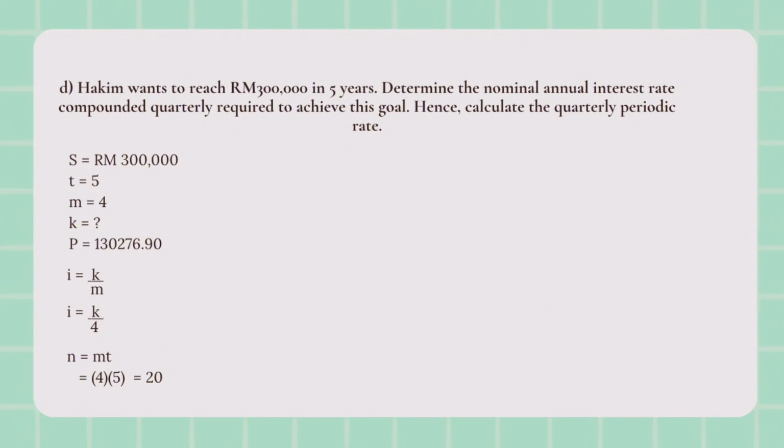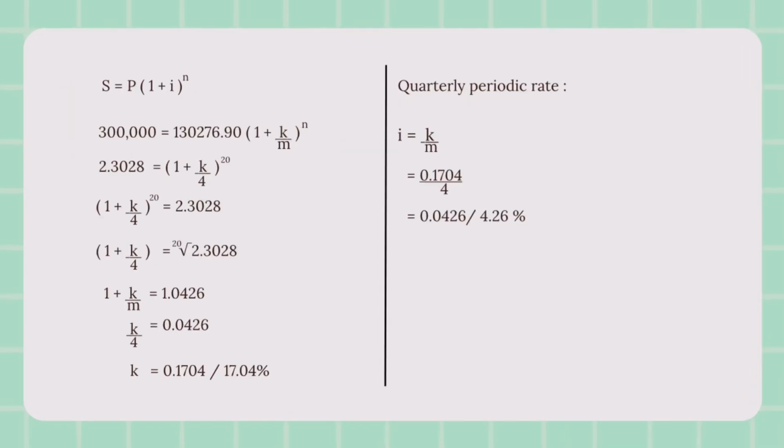Next, the total number of compounding periods is 20, which is 4 times 5. Then we use the compound interest formula. Future value equals present value multiplied by 1 plus the periodic rate raised to the power of the number of periods.